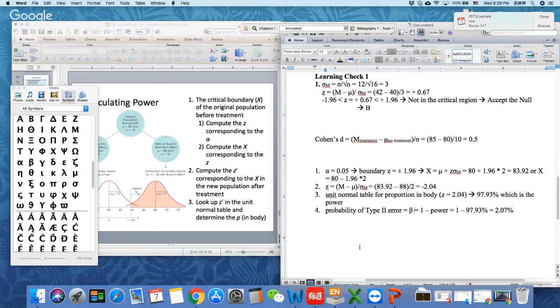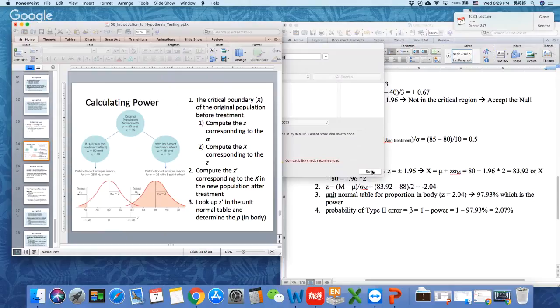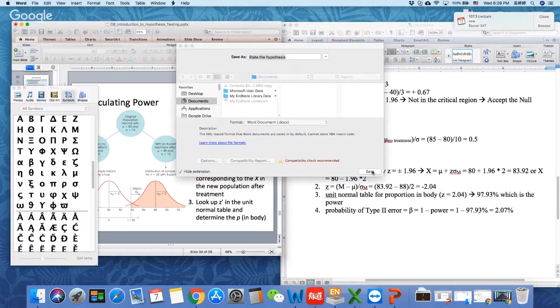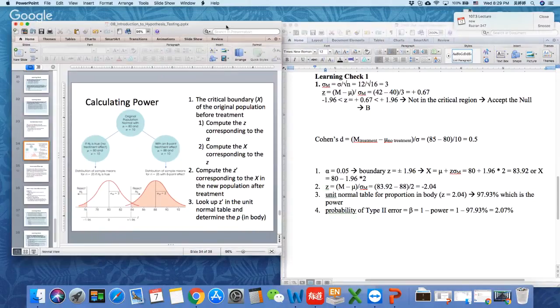So the beta is complicated, it's hard to compute. I would say it's optional for the exam. I will not ask you to compute the beta or the power in the exam because it's too complicated. But you need to understand what the power is. I will ask you what the power is, right?